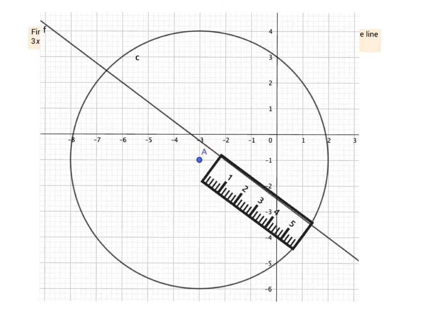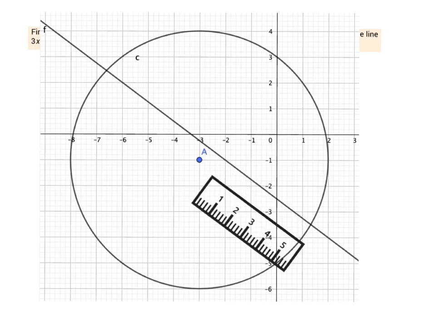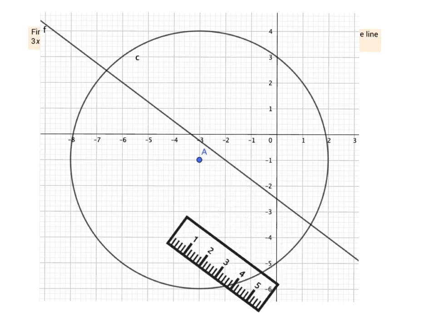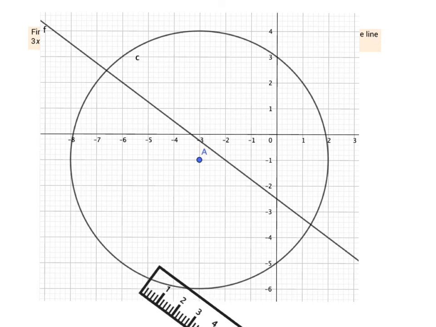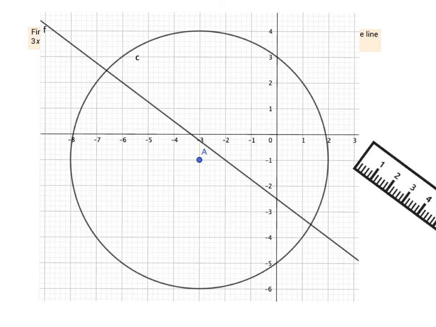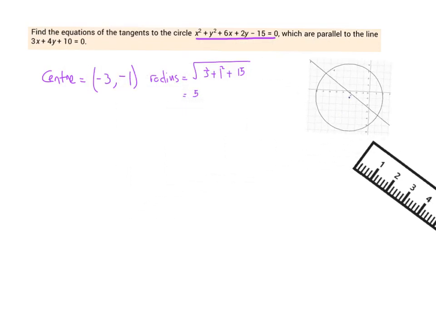And here again, parallel to this line, the line that is tangent to it crosses maybe further down off our graph. So what changes here is this part of our line. So we'll have our 3x plus 4y, but this value here is going to change.